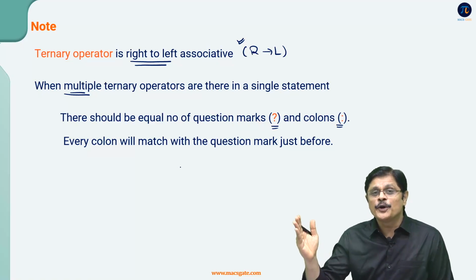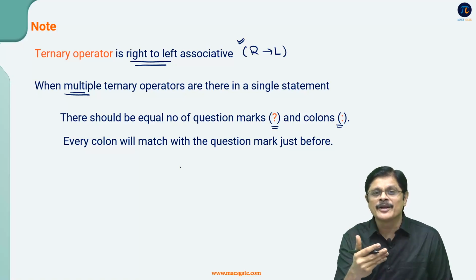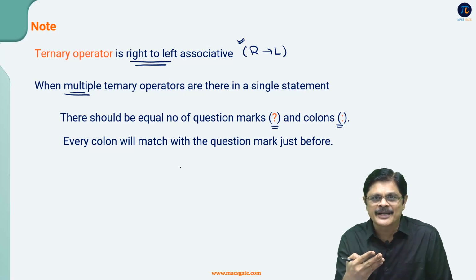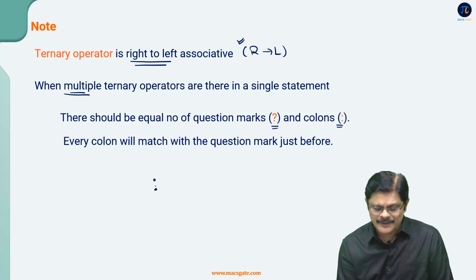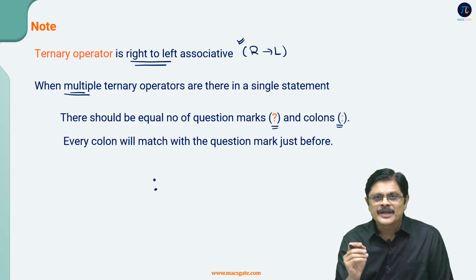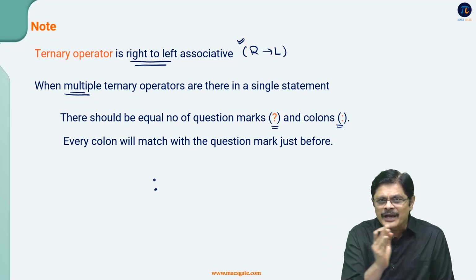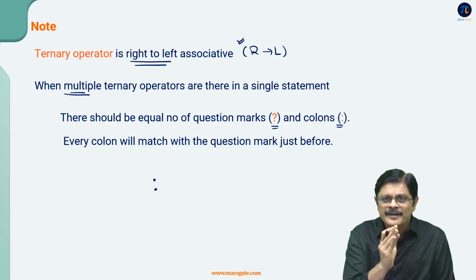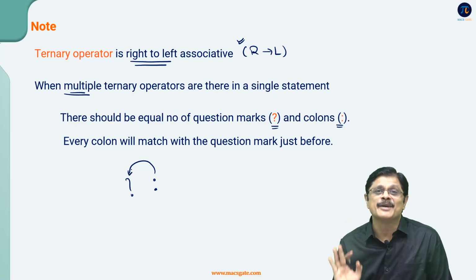Actually, we are going to evaluate from right to left. When you have multiple ternary operators, we evaluate from right to left. So whenever you encounter a colon, you move to the left, that is, right to left you are going. And the first question mark which you encounter corresponds to this colon.